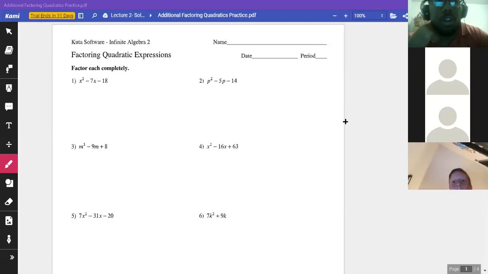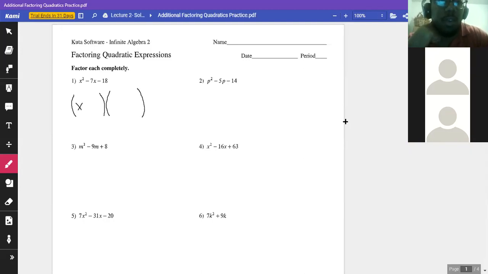So number one would be x minus 9 times x plus 2. Because I know that negative 9 plus 2 gives me my number in the middle. It gives me that negative 7 that I want.